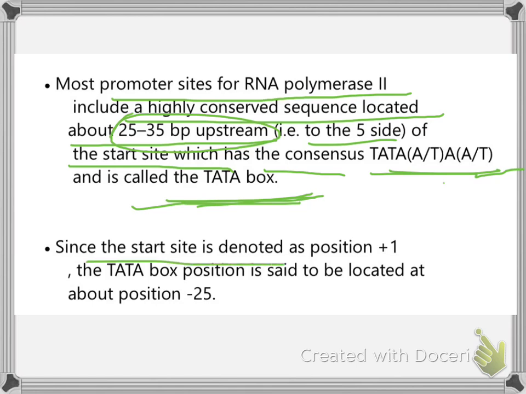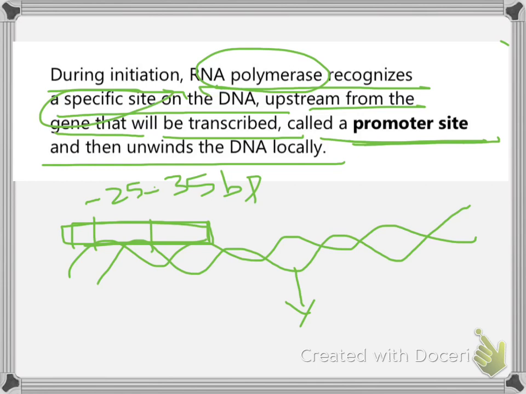Since the start site is denoted as position +1, the TATA box is said to be located about position -25. That is, consider that this is the start site and we can denote it as the +1 site. So here this will be -1, -2, -3 like this.